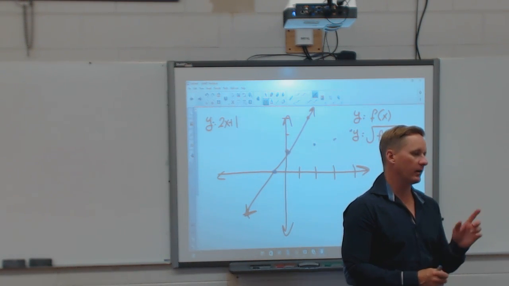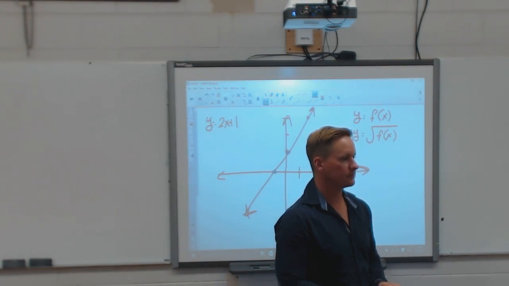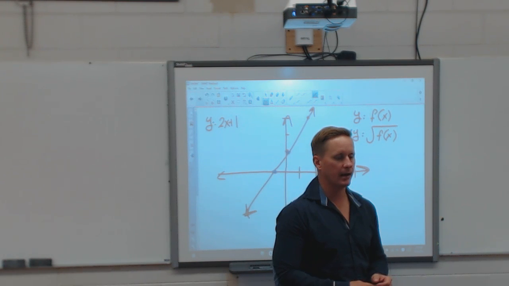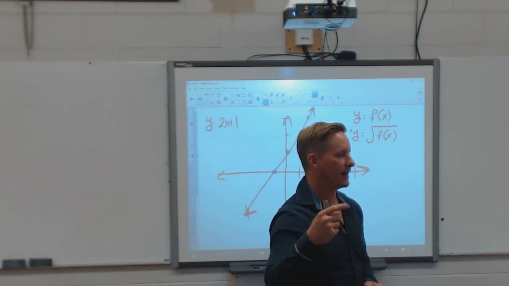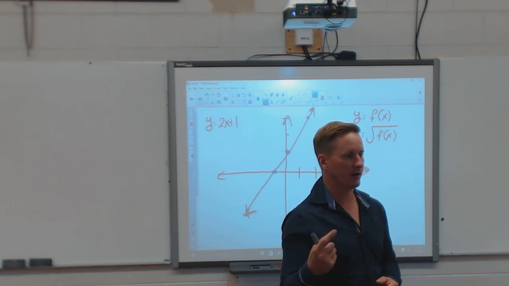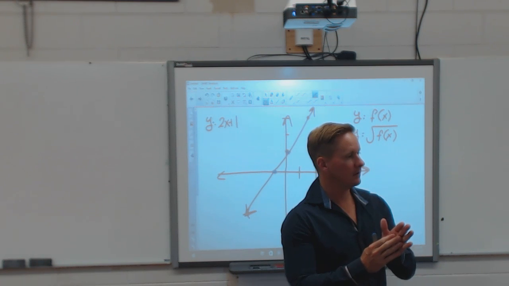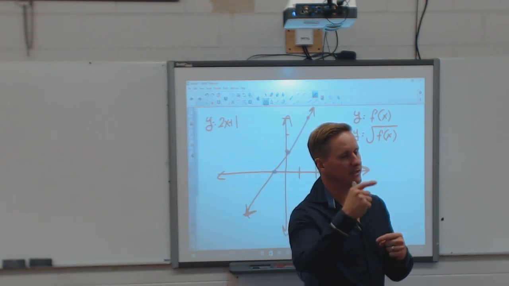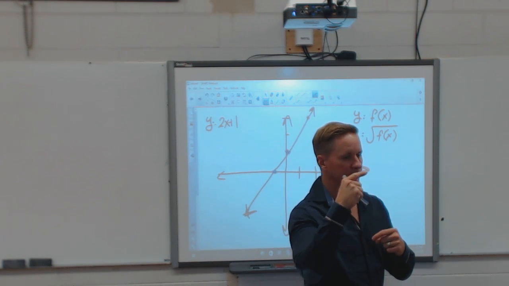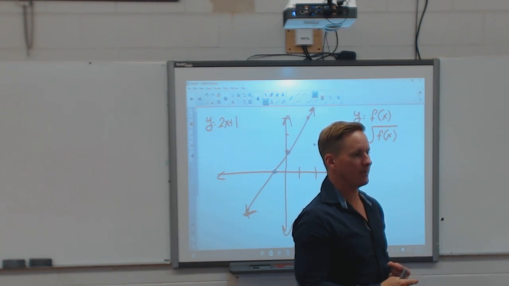Okay, so now, is a half larger or smaller than a quarter? Larger. So if I take the square root of a 9th, it becomes a third. Which is larger, a third or a 9th? A third. So when you take the square root of it, it's always going to be bigger. Between 0 and 1, when you take the square root of any fraction, it ends up being a larger number.